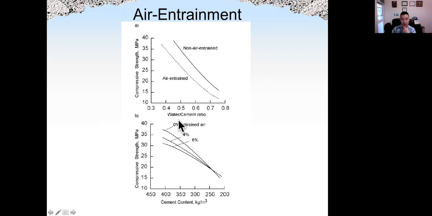Okay, and here it shows concrete with different cement content.